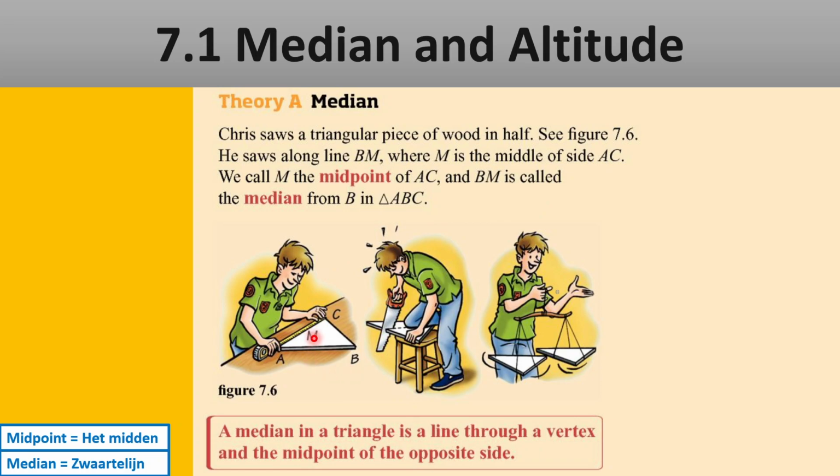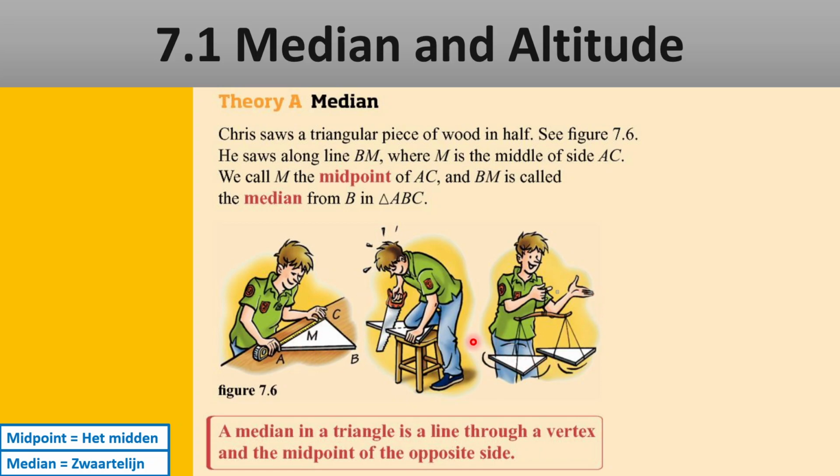And the line that now connects M to B or B to M is called the median. And in Dutch, this is called the zwaartelijn. And that is because if you're going to now construct this triangle this way, if you're going to divide it like this, the two sides that you are left with have equal weight, right?